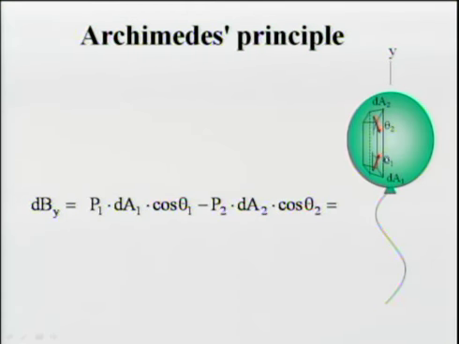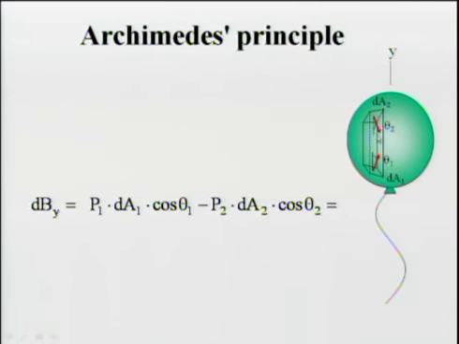Now, for the vertical component, I have to project it on the vertical direction. So I have to multiply this magnitude by cosine of angle θ1, which is the angle between the force and the vertical direction. So here I have the vertical component of the force exerted on that bottom surface. Well, and I put plus in front of it because I recognize that this force is upward.